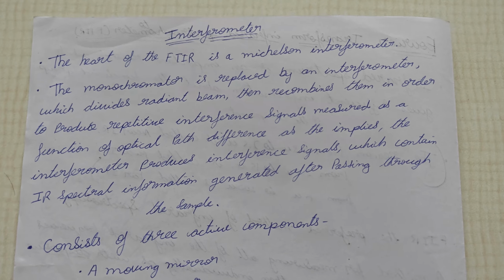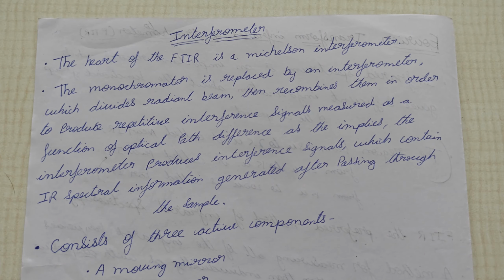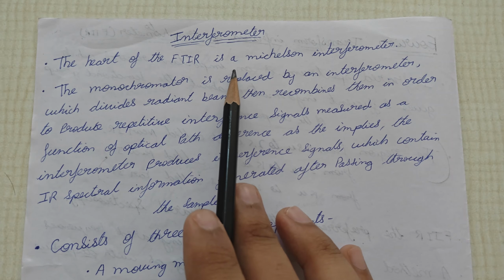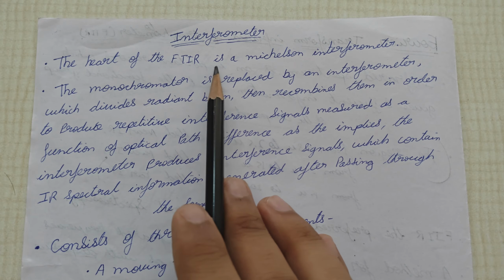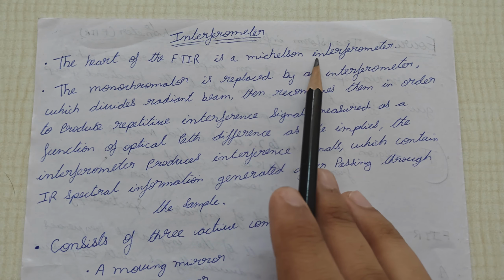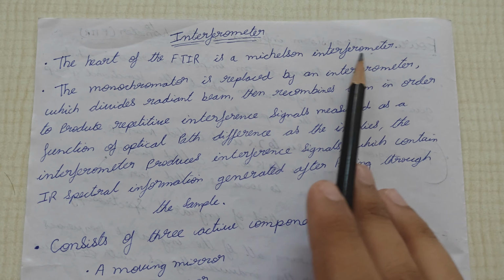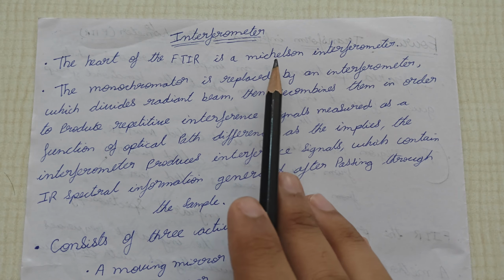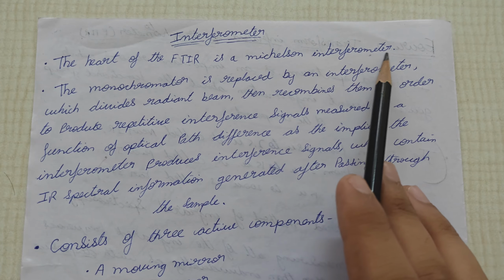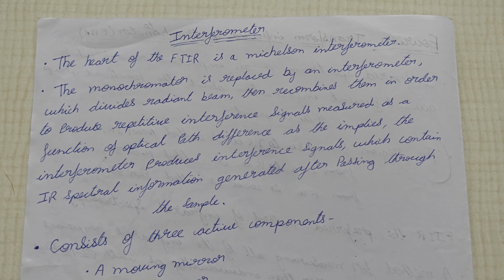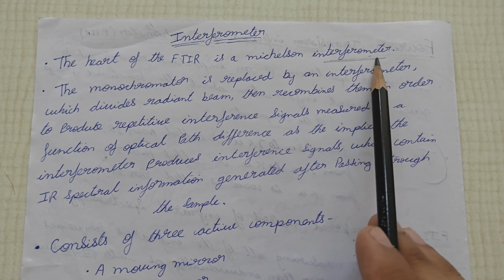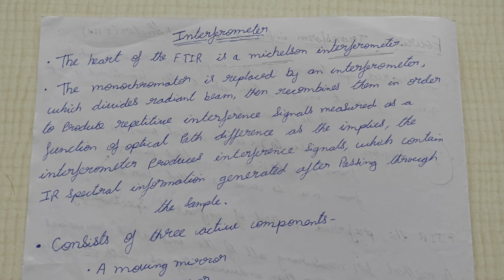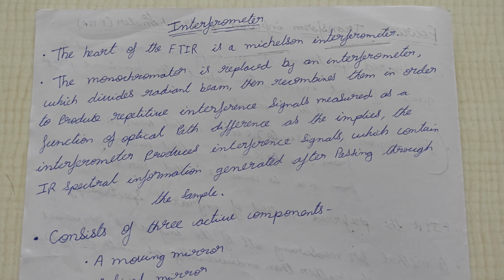Okay, let's continue. The heart of the FTIR is a Michelson interferometer. I think I have pronounced it correctly. Michelson's interferometer. The main part here is the interferometer in place of the monochromator. Michelson is the scientist who discovered the interferometer.